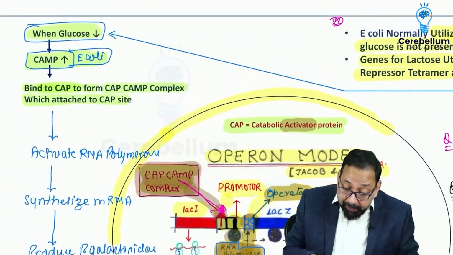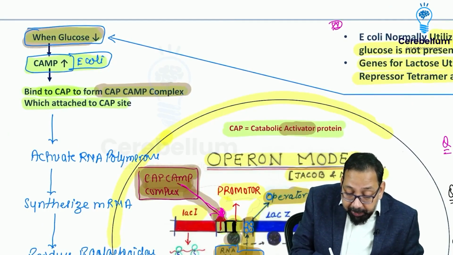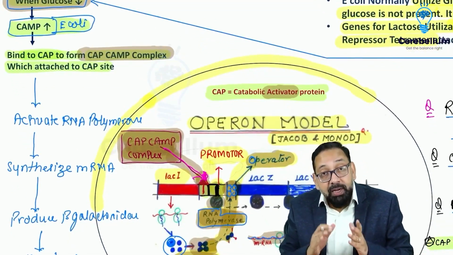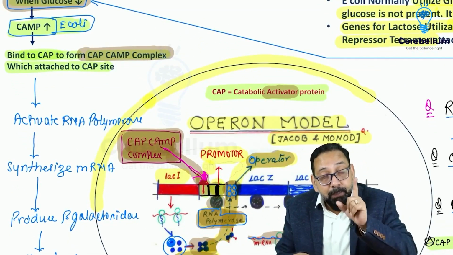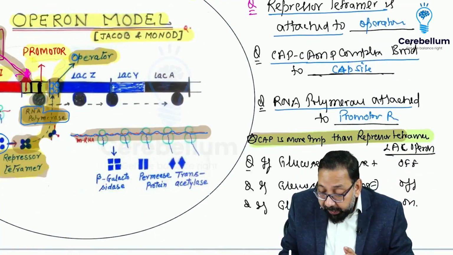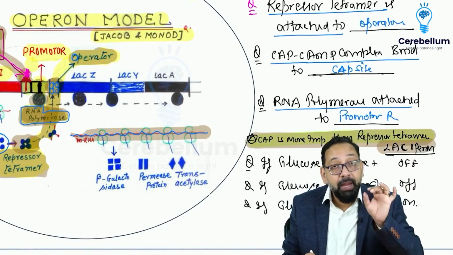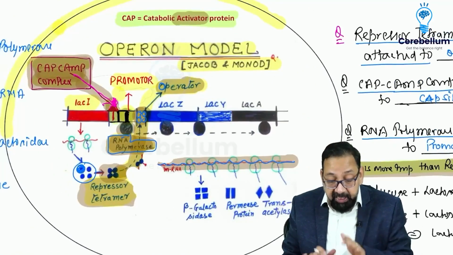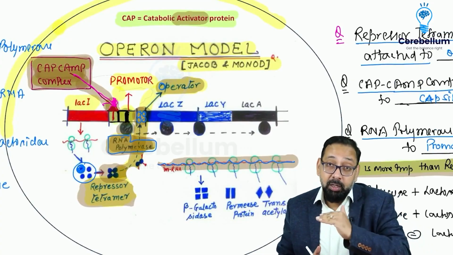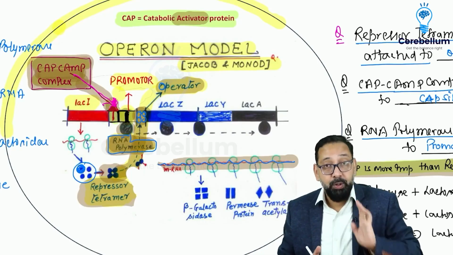Because CAP-cyclic AMP complex indicates that in environment glucose is not there. Either utilize lactose, otherwise E. coli will die. So conceptual mnemonic: CAP is more important than repressor tetramer. Means on lac operon, if CAP-cyclic AMP and repressor tetramer both are attached, then will transcription occur or not? Yes, transcription will occur because CAP is more important.